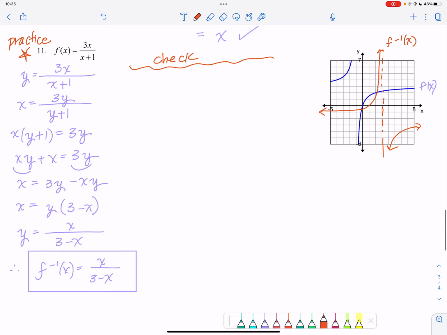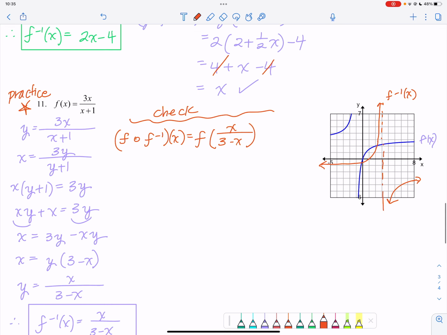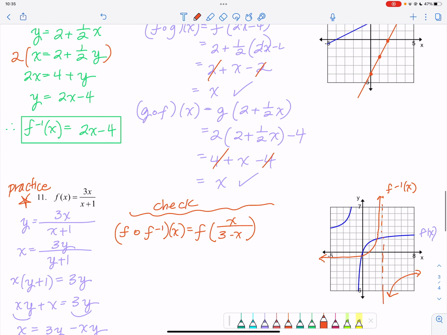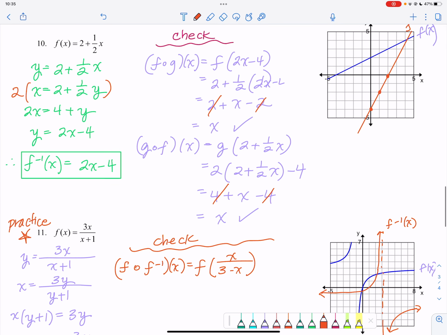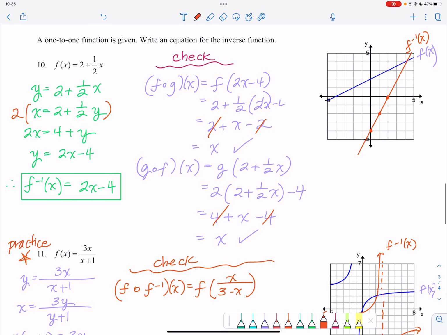Let's first check f composed with f inverse of x, and that's f of x divided by 3 minus x. And actually up here, I called g f inverse. So I should probably have clarified that that is f inverse.